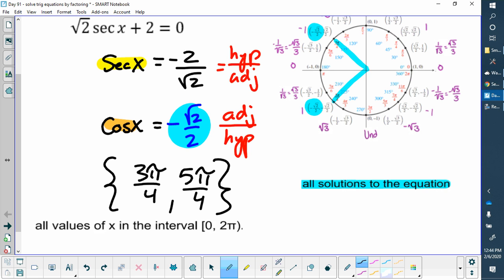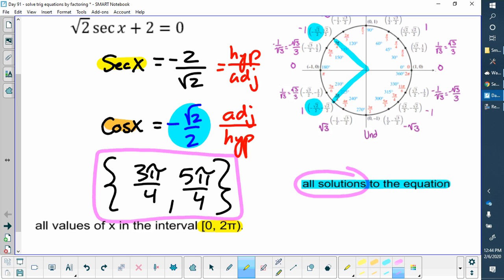Now this would be my solution set if I took 1 lap around the unit circle. My instructions say what are the values for x between 0 and 2 pi, so this would be my answer. Now, if it says all solutions, technically if I look at the unit circle, I could go 135 degrees, or 3 pi over 4, to get me here, or I could do another full 360 degrees on top of that to get to the same spot, or another 360 degrees.